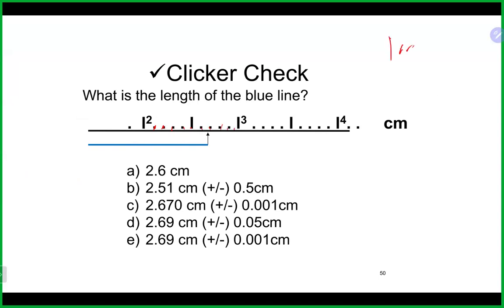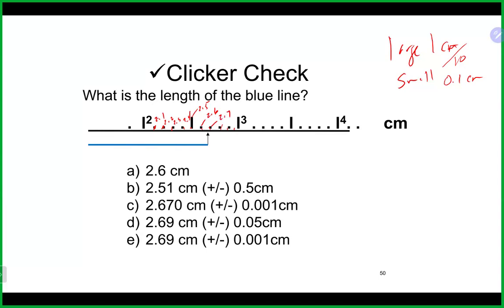So again, our large marking was 1 centimeter. Our small marking is going to be our 1 centimeter divided by 10. So that's going to give us 0.1 centimeters. So this would be 2.1, 2.2, 2.3, 2.4, 2.5. That would be 2.6, and right there would be 2.7.